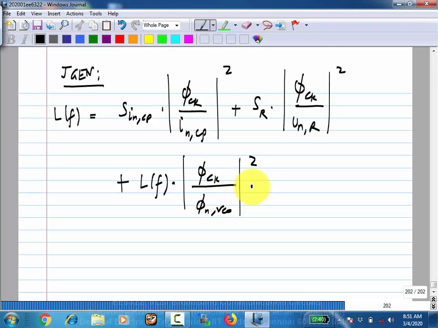So this is the jitter that is generated. This is the spectral density, and integrating this you will get the jitter.